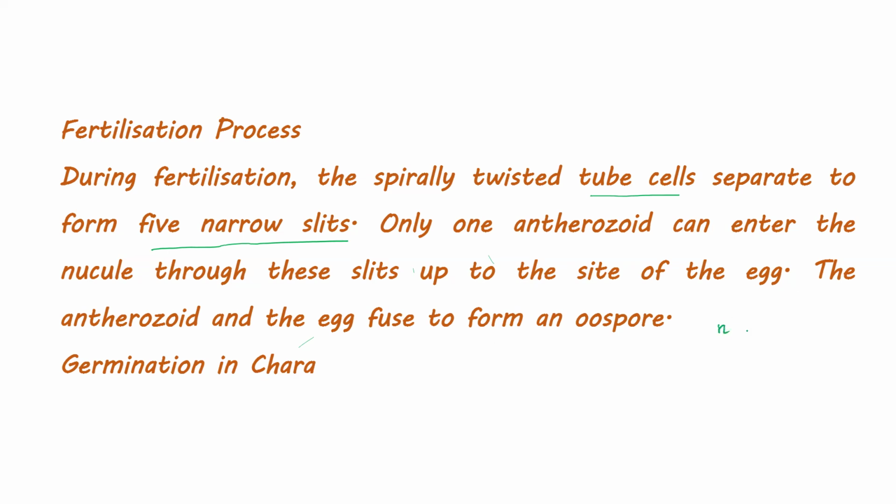This thing you know, right? This is the male cell. This is the female cell. They will fuse to form an oospore, which is diploid in nature. This will give rise to germination in Chara. This oospore will give rise to a new plant body on germination.